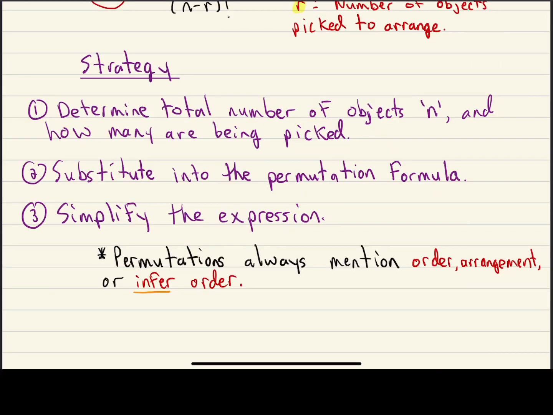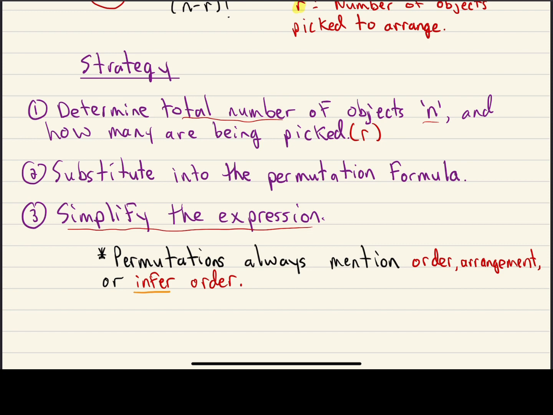The strategy we commonly adopt when approaching a permutation problem is to determine the total number of objects n and how many are being picked, which is the r variable in the equation. Then we substitute both into the permutation formula and simplify the expression. Sometimes people find it hard to recognize a permutation.